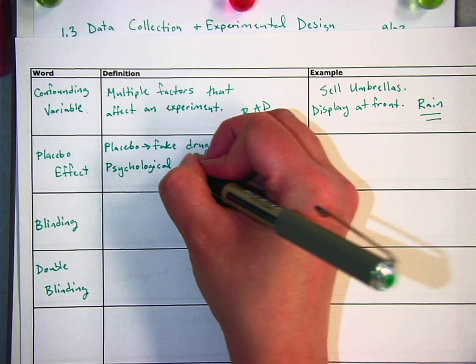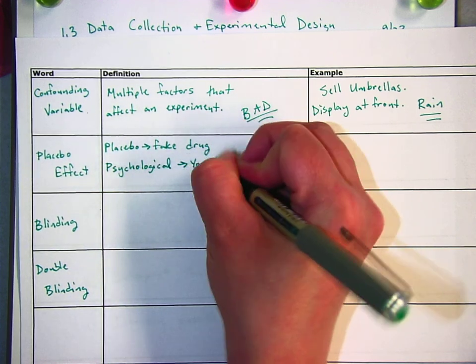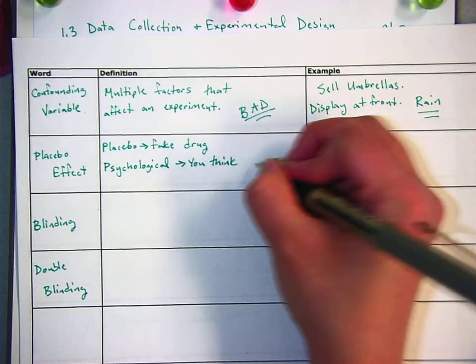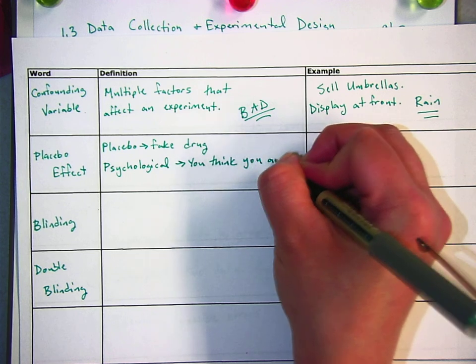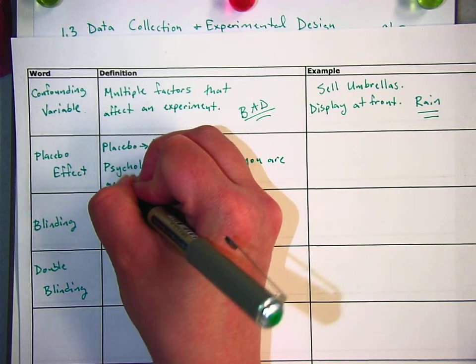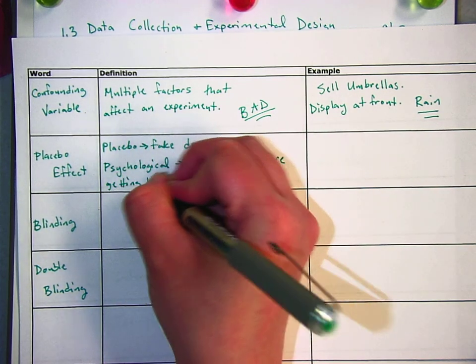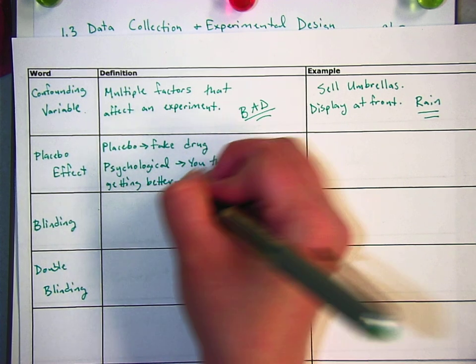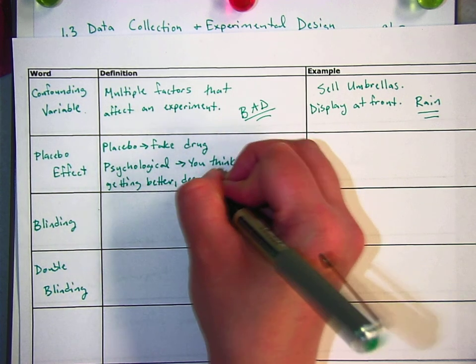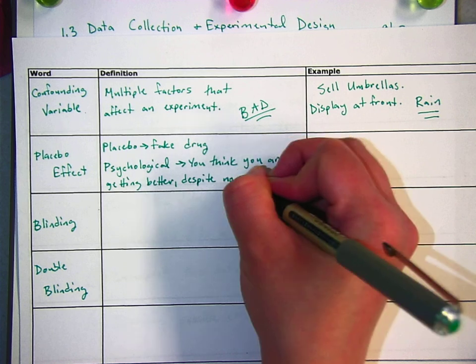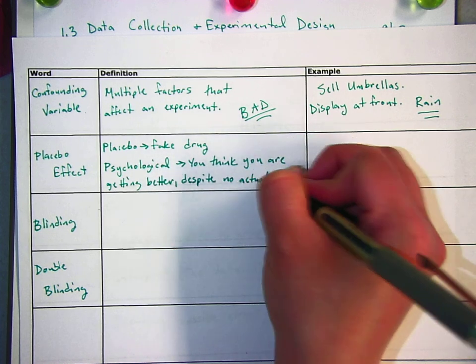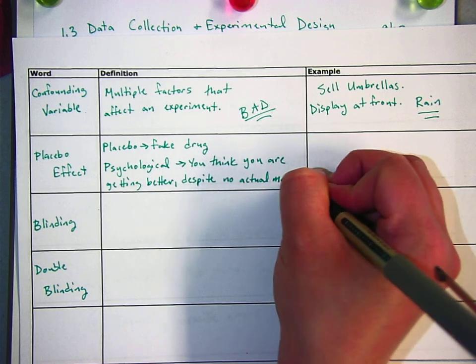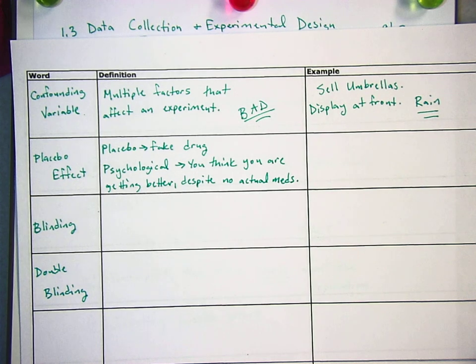And it's basically you think you are getting better, despite not having actual medicine. So, like, if they were doing an experiment, they would give some people the real drugs, and they would give some people sugar pills, which are fake drugs, and then they would see.